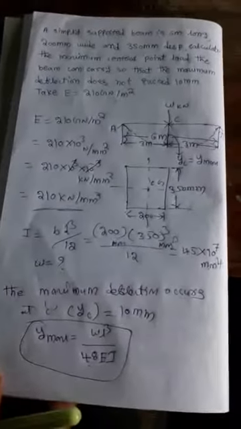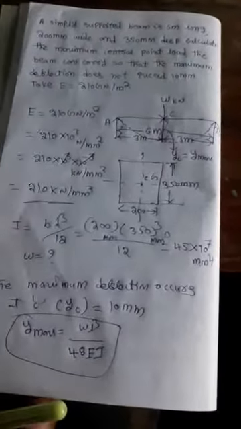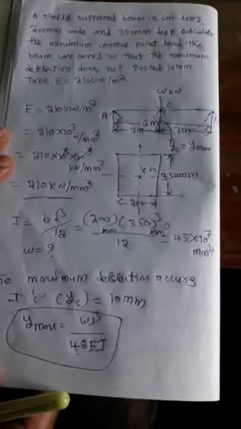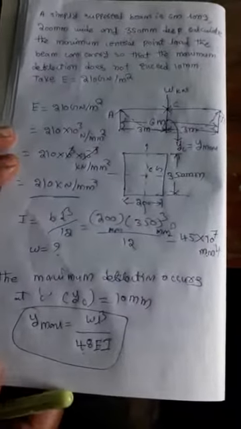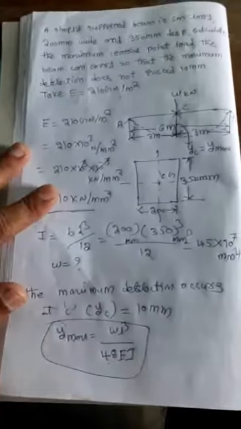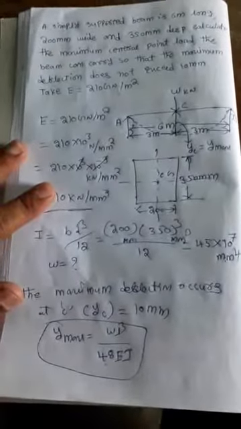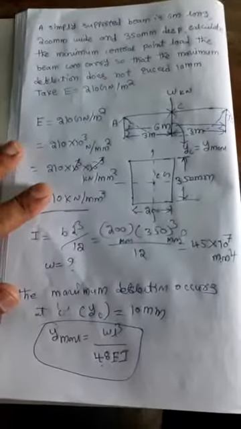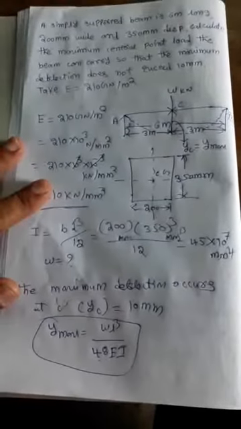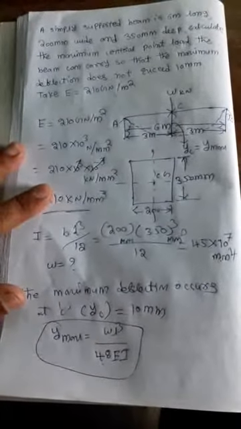Okay, practice multiple times with similar examples. You can apply the double integration method formulas and you will get the answer of W. Another problem in this same method is finding the carrying load in the form of UDL, that is, what UDL the beam can carry.